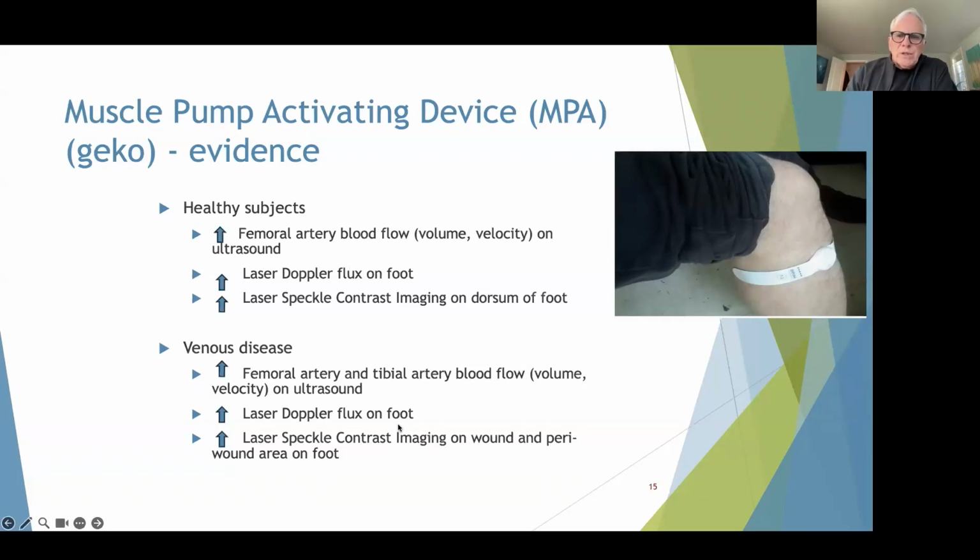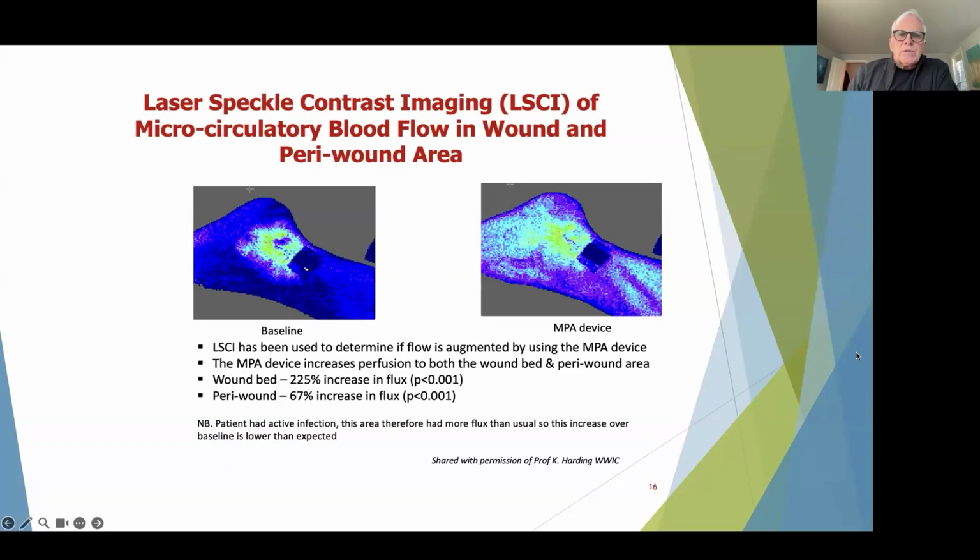So we do see significant improvement in the microcirculation, the calf muscle pump function with the use of the muscle pump activating device. And this is just showing you here the use of that, just some summary of some data.